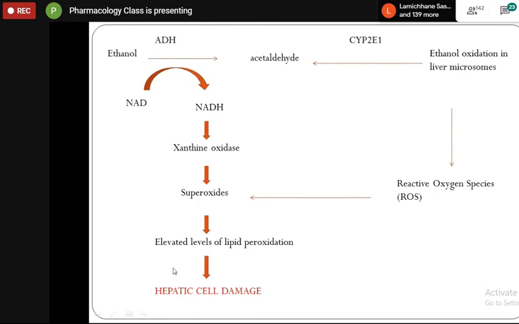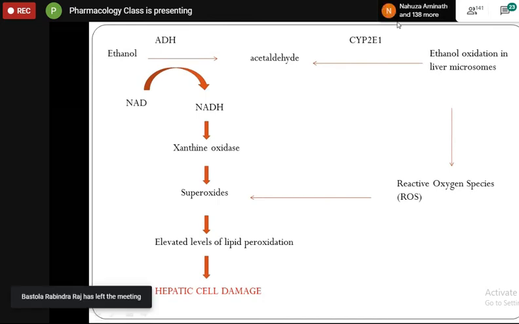Simultaneously, there is also an alternative pathway in which ethanol oxidation in liver microsomes is carried out by an enzyme known as CYP2E1. I hope you remember this from the metabolism of drugs, where the cytochrome P450 group of enzymes is mainly responsible for the metabolism of many drugs.